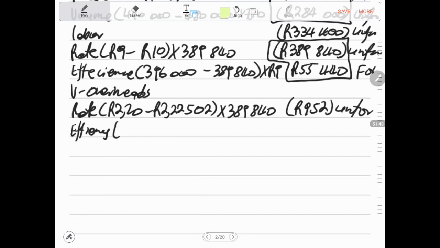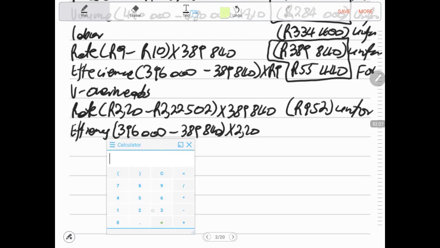Then we come to the efficiency, which is standard hours. Standard hours does not change, 396,000 as calculated previously in the direct labor, minus actual hours 389,840, times this by the standard rate being 2 rand 20 cents.